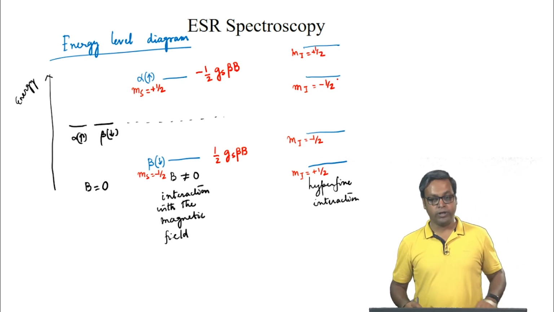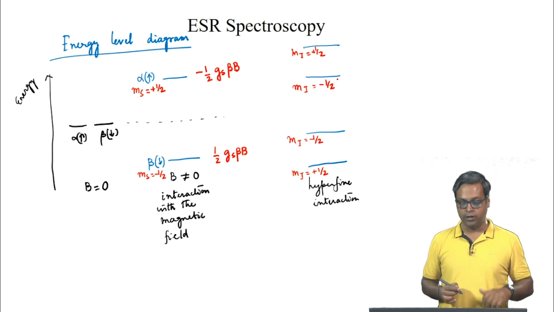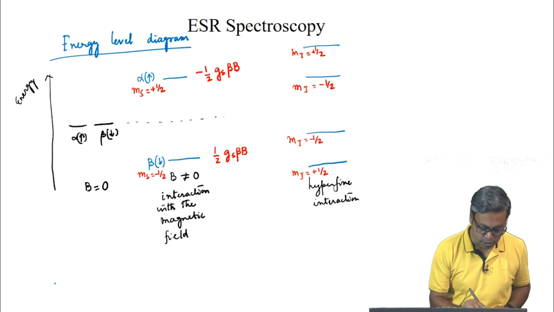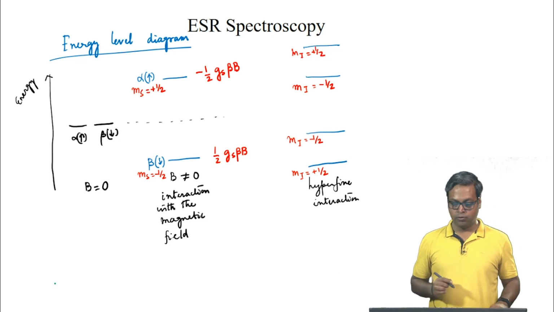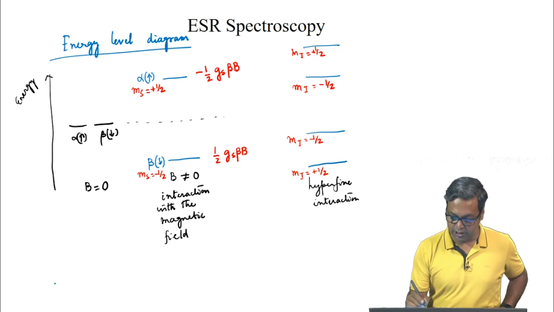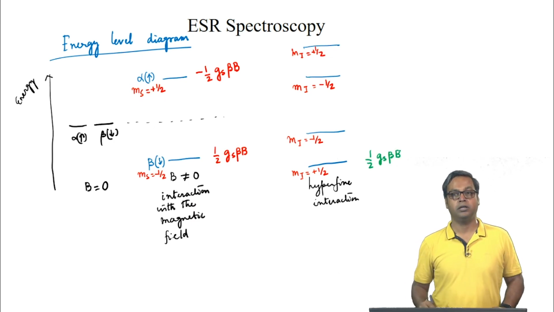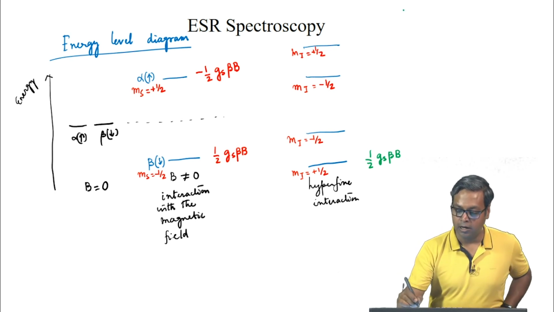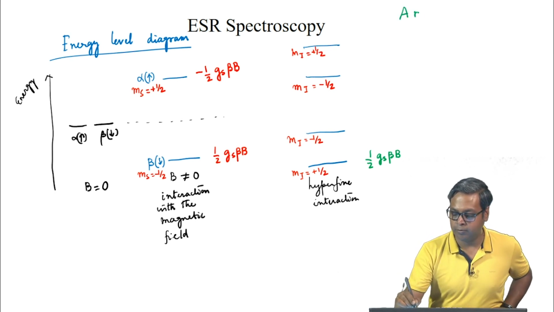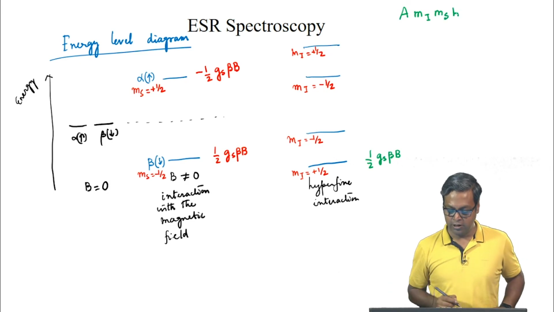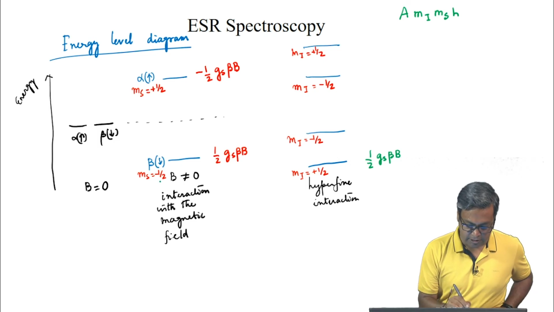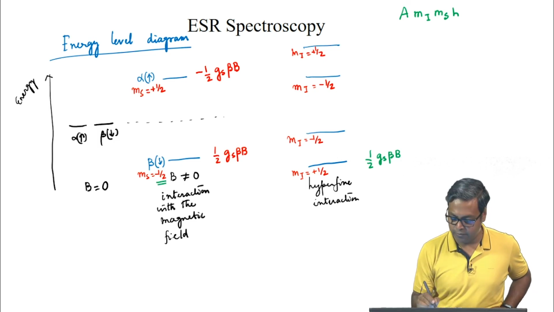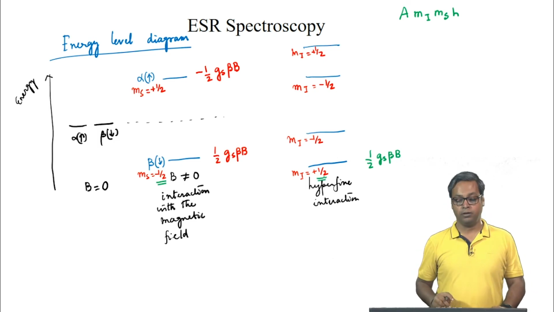So, what we can see here, we have 4 levels, and now let us put down the energies. So, the energy here is half g s beta B, and then the hyperfine interaction energy is given by A m I m s h. For this case, m s equals minus half, m I equals plus half.